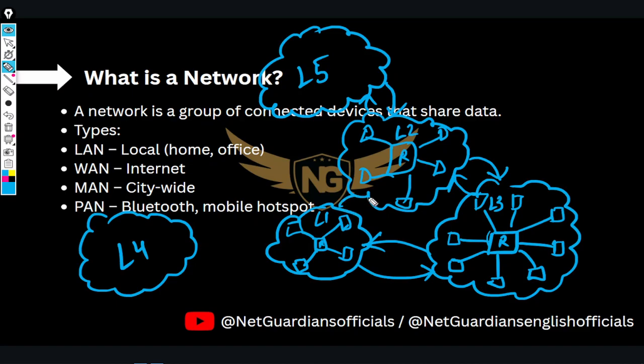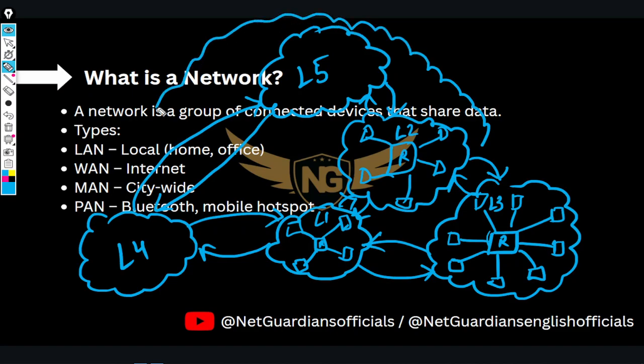I'm connecting each to all the available networks so that they can share their details with each other. Now what I just created is a huge network by connecting all these LANs, a network which is covering a wide area.